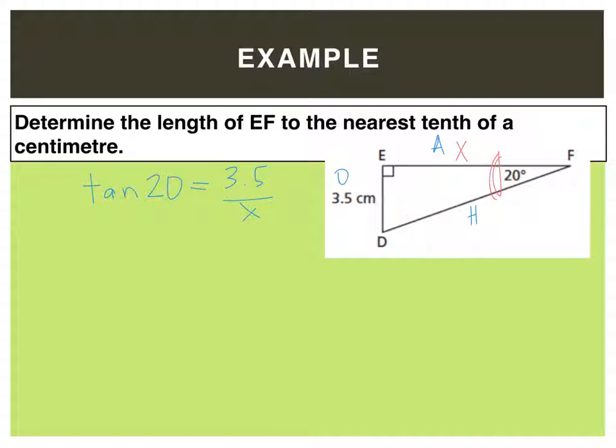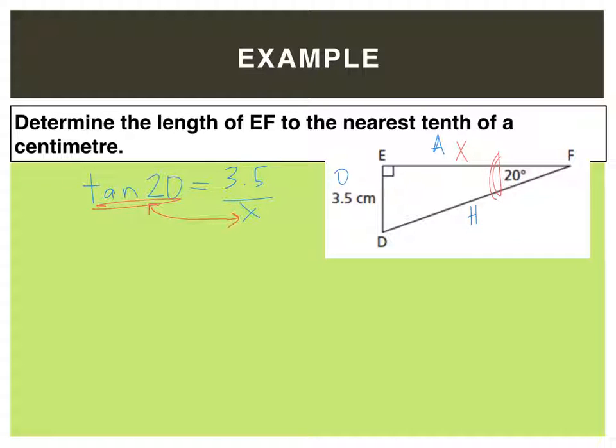So when x is on the bottom, what you have to do instead, there's a trick, and I'm just going to show you the trick. If you're someone who doesn't like tricks, you want to know why, talk to me privately, or right after class. I can show you really quickly why. But there is a pretty simple trick to follow. I think it's easier for most people if they just learn the trick, because the reason is quite long. What you do is you switch tan 20 and x.